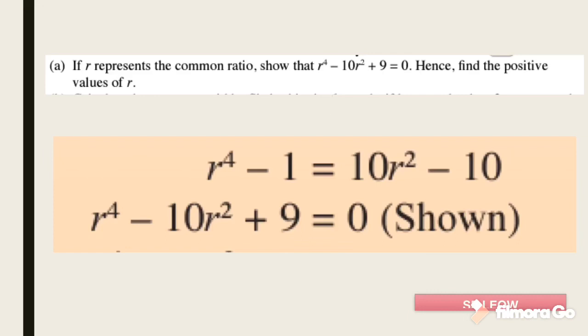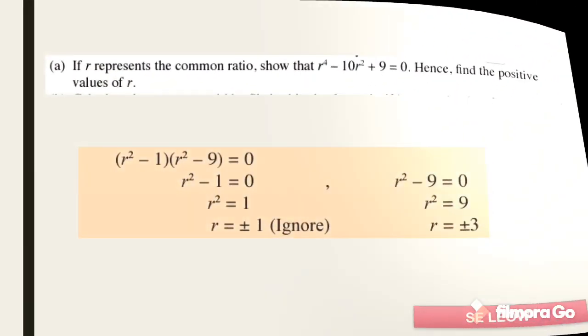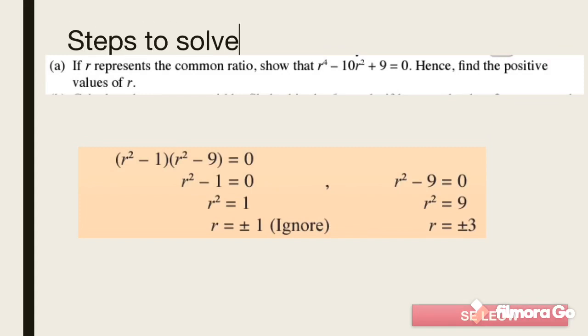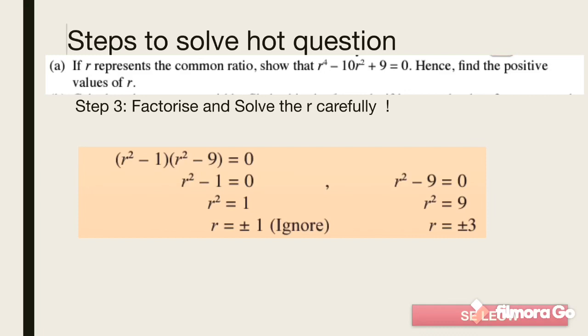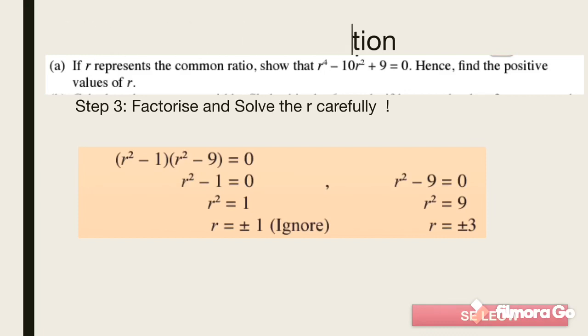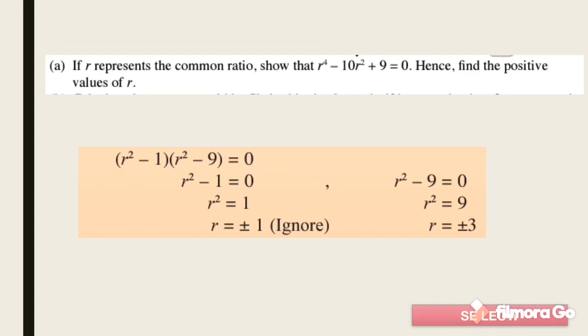Two, you have to cross multiply carefully and rearrange until you get a general form. Step 3, you need to factorize and solve for r carefully.